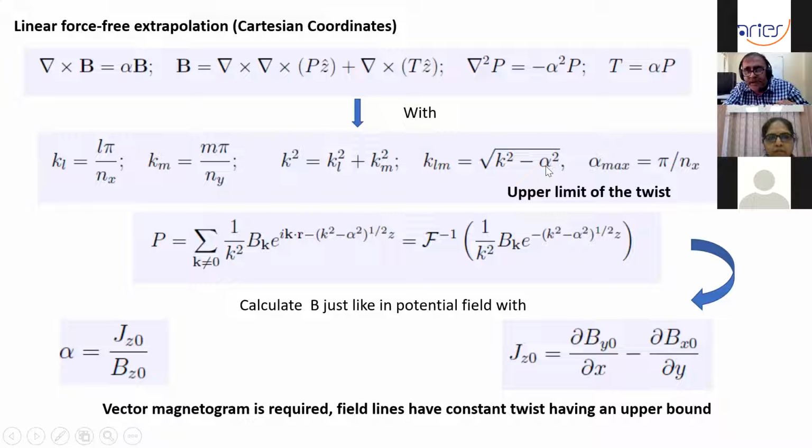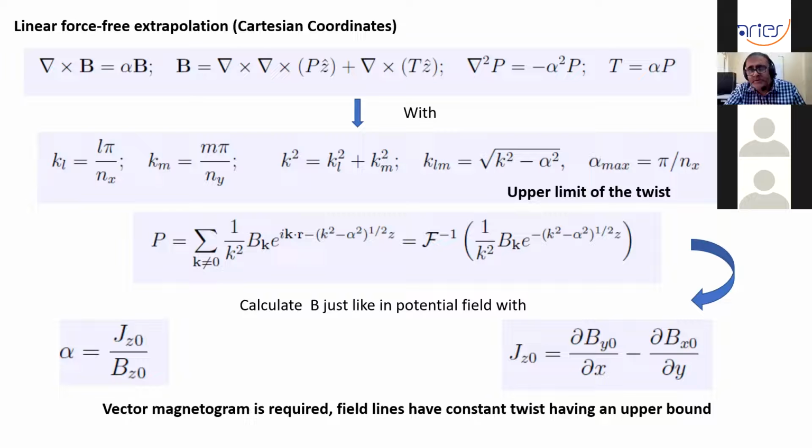So this alpha, which is a twist parameter, cannot be more than k, the mode number. So this linear force-free extrapolation is actually limited by the fact that there is an upper limit of twist. You cannot model field lines which have more twist than this threshold value.